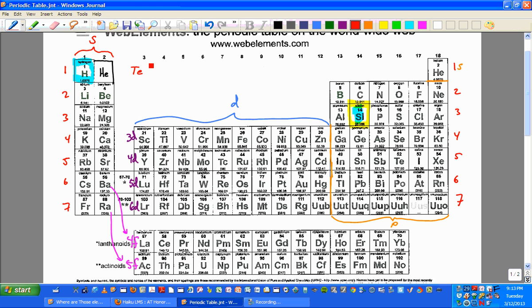That's always going to be our starting point. I'm starting up at helium. That's 52 electrons. Ready, go.